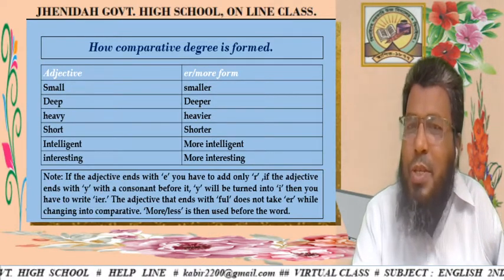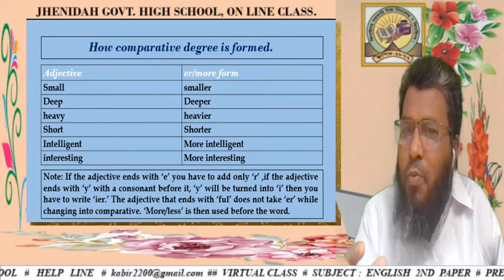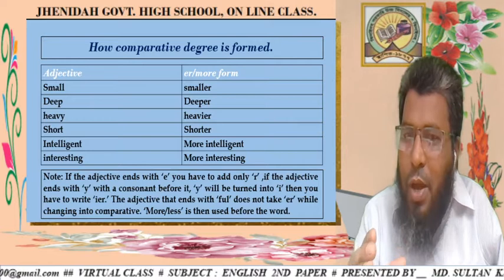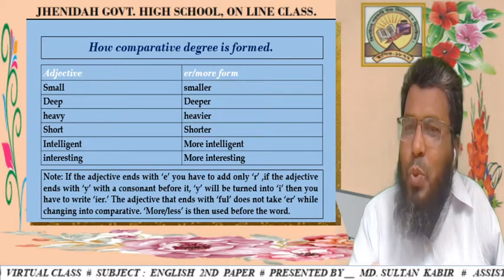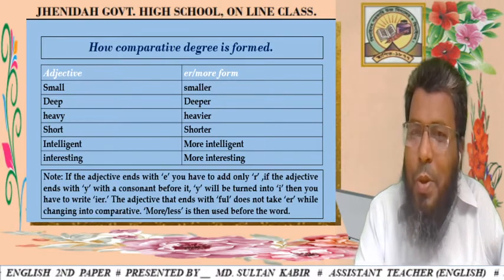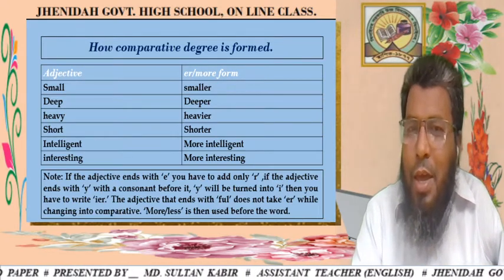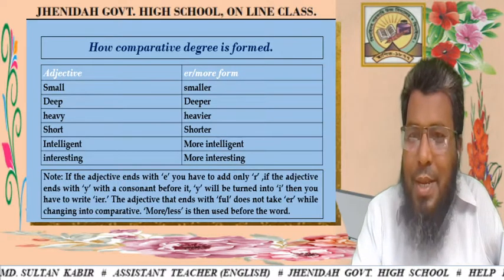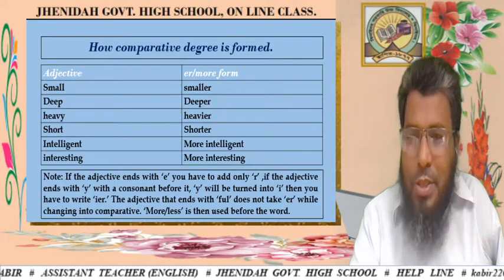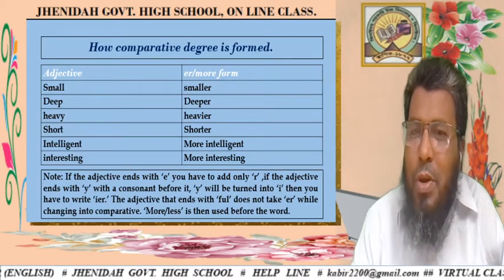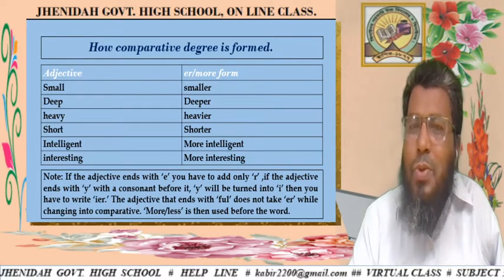If the adjective ends with e, you only have to add r. If the adjective ends with y with a consonant before it, y will be turned into i, and then you add er. The adjective that ends with ful, for example, does not take er when changing into the comparative; more or less is used before the word.